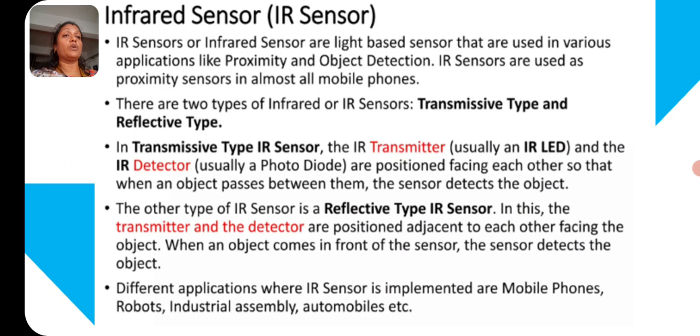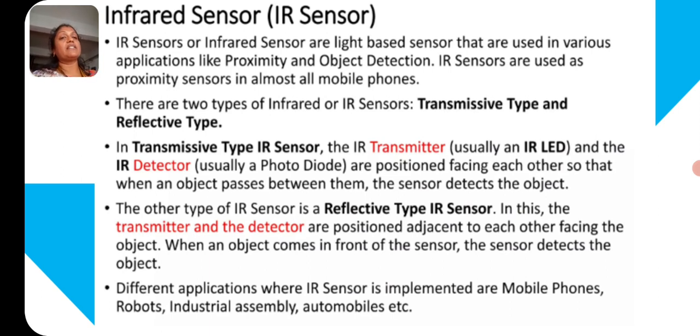First, we should know what is IR. That is infrared LED. So in the transmissive type IR sensor, the IR transmitter and detector, usually a photodiode, are positioned facing each other so that when an object passes between them, the sensor detects the object. So the infrared sensor consists of an LED and a photodiode. The LED is used as a transmitter and the photodiode is used as detector.